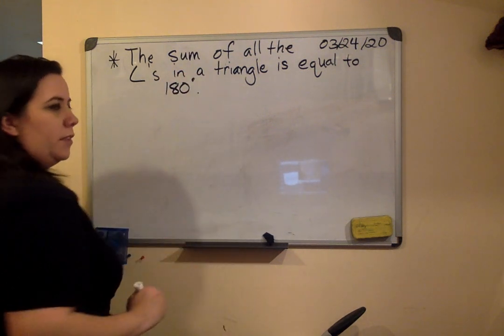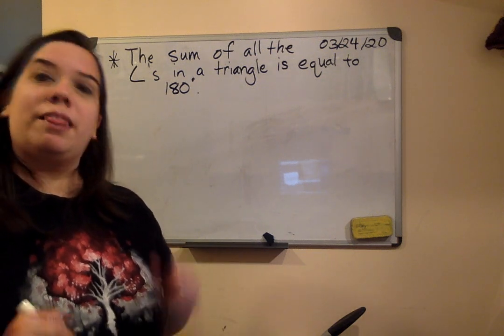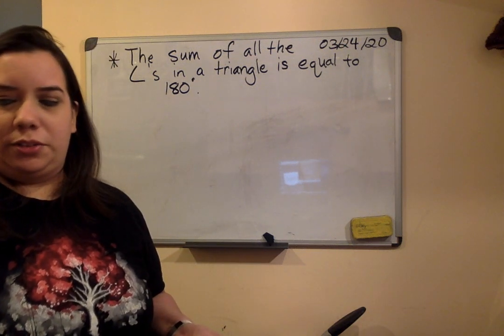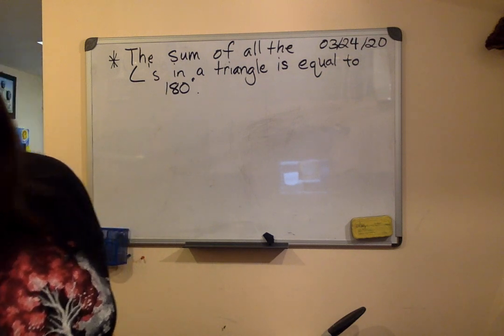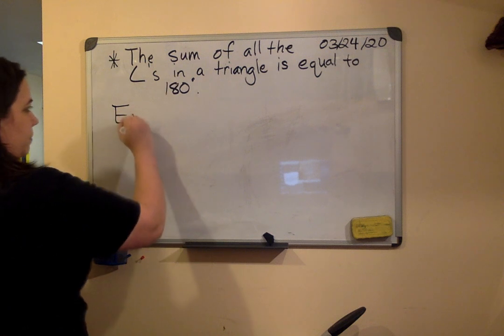So, if you know this information, it can help you figure out a lot of different triangles' missing angles. So let's look at what we know about the triangle on the bottom, an example, okay?